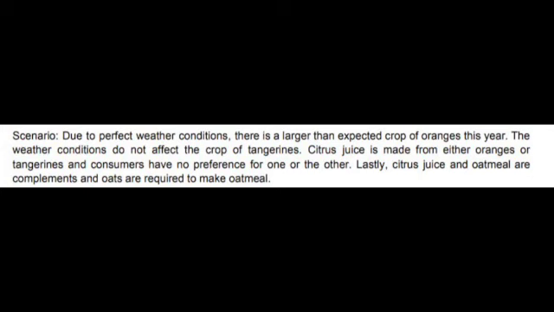Due to perfect weather conditions, there is a larger than expected crop of oranges this year. The weather conditions do not affect the crops of tangerines. Citrus juice is made from either oranges or tangerines, and consumers have no preferences for one or another. Lastly, citrus juice and oatmeal are complements, and oats are required to make oatmeal.